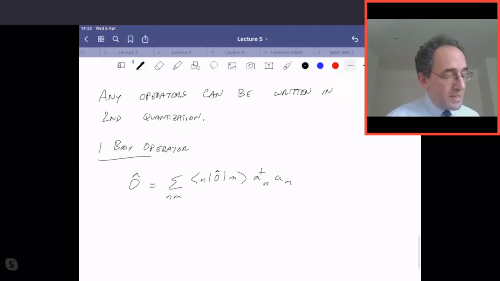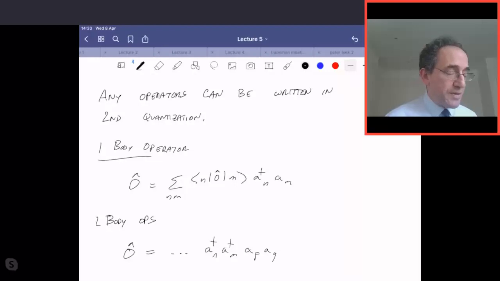And then similarly, two-body operators can be written in some form. O hat is going to be some set of matrix elements, a dagger n, a dagger m, a p, a q, and so forth. Okay. All right.